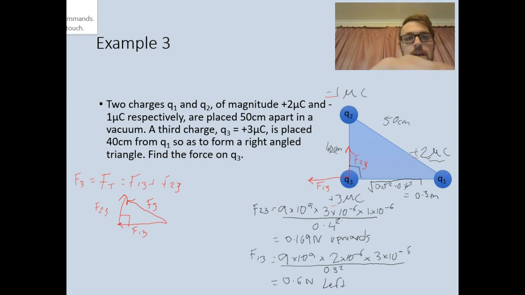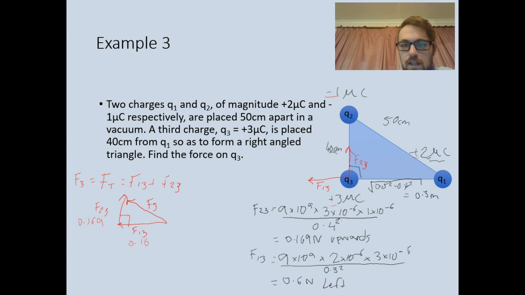So what we can do now is we can come back over to our red side. And what we know is 2 on 3 is 0.16 newtons, and this here is 0.6 newtons.